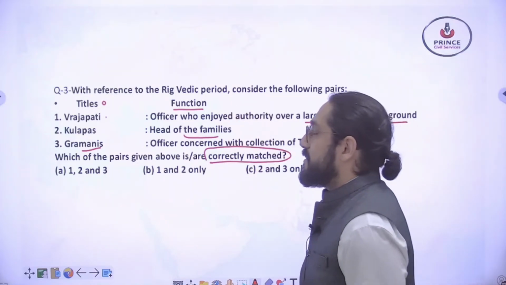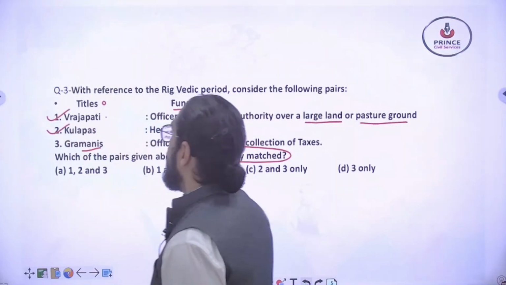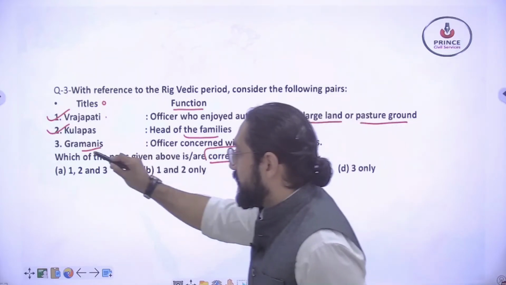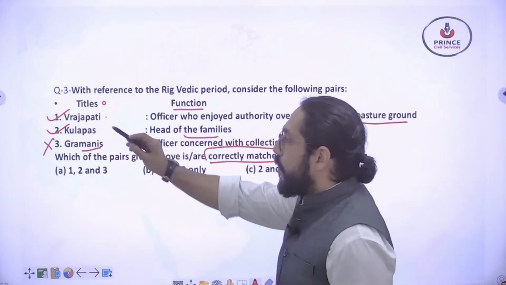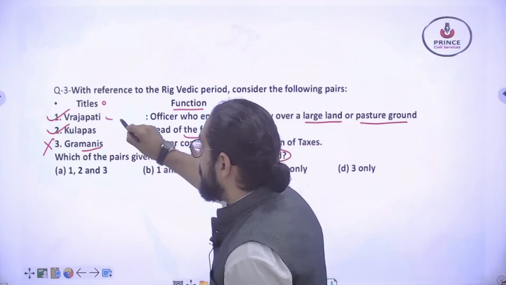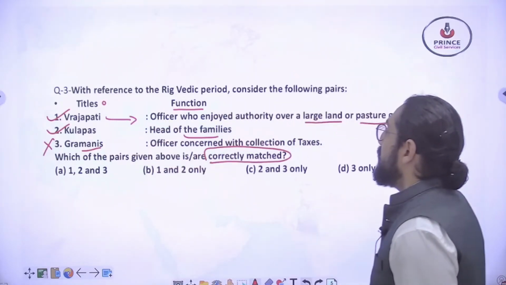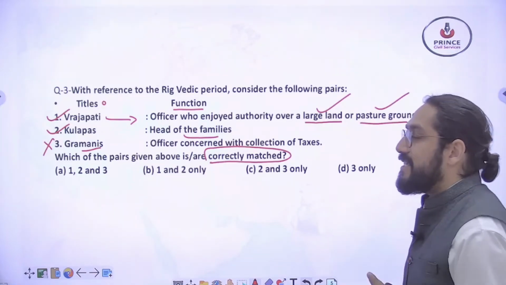Among the titles, both 1 and 2 are correctly matched. The third is not correctly matched. We had an official in the Rigvedic period known as Vrajpati, who was responsible for a large land or pasture ground. So that is correctly matched.